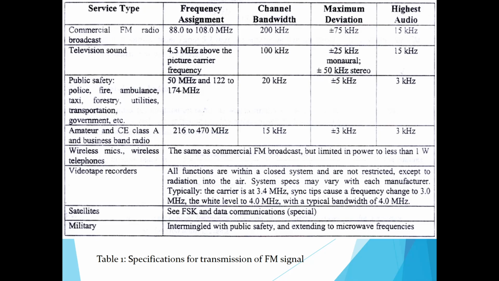So this is Table 1. What is important here is the first row, about frequency modulation broadcast frequencies. It is between 88 and 108 megahertz. This is the total FM band, defined by the standard. On your radio, it is between 88 and 108 only.